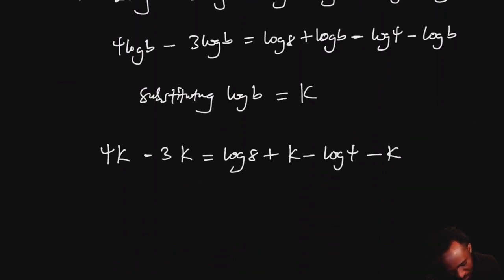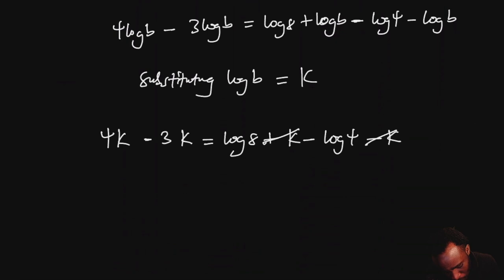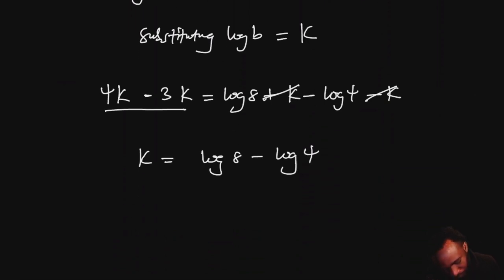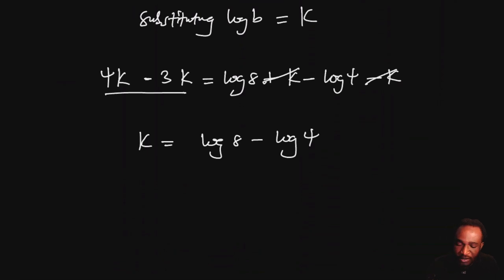So we can see over here we have plus k minus k, they cancel out obviously. We simplify this also, so we get k to be equal to log 8 minus log 4. And then we punch this into a calculator.